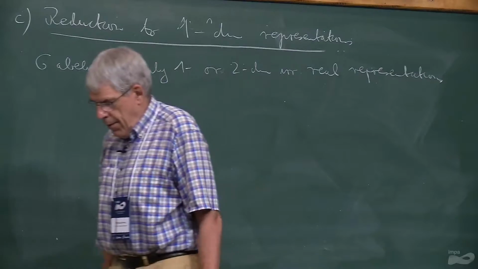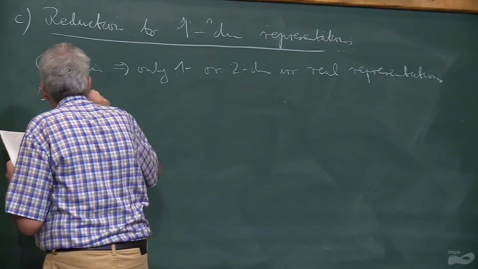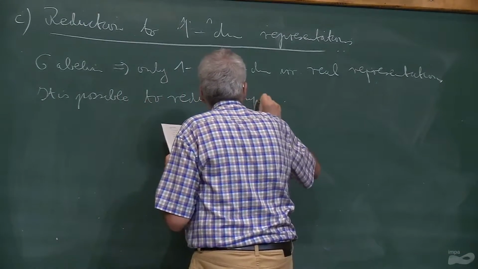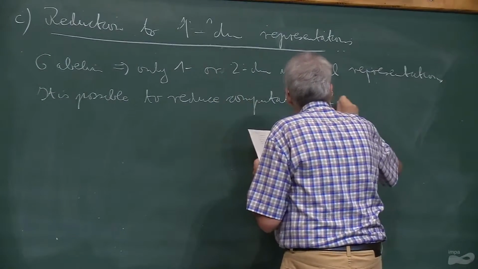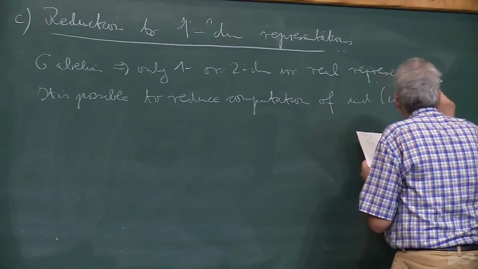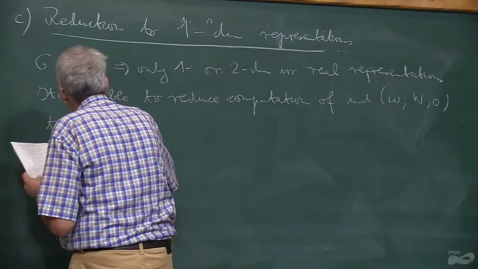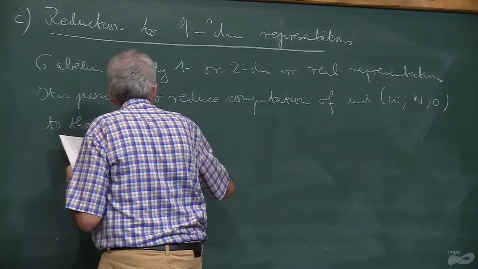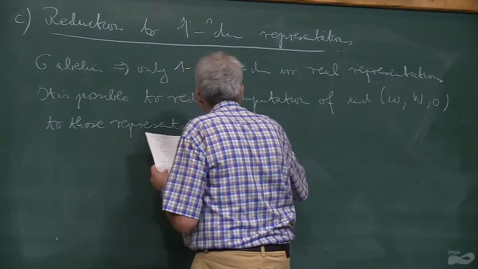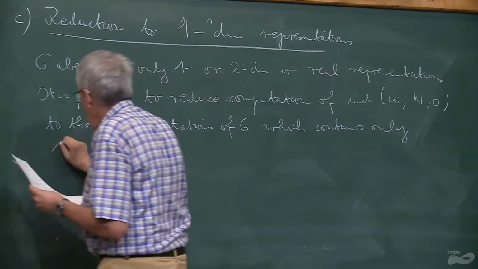And now it is possible, it's not so easy, but it is possible to reduce the computation of the index of omega at zero of such a non-degenerate form to those representations of G which contain only one-dimensional, non-trivial representations.